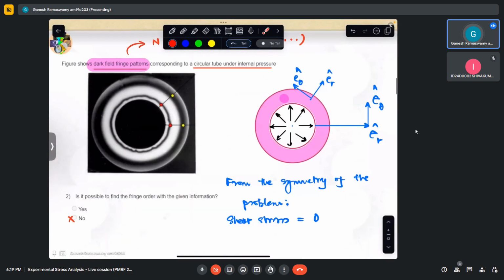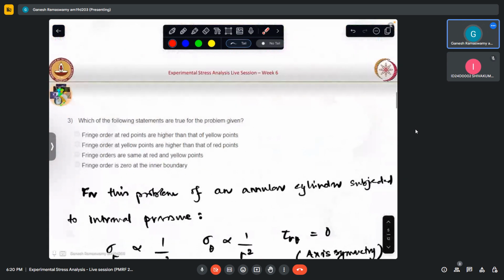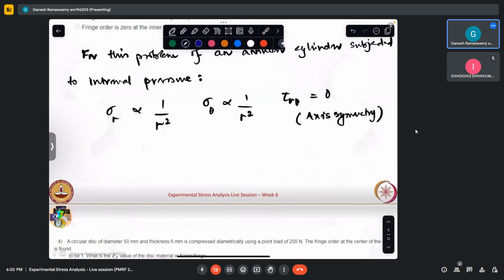So it is safe to say that for this problem, if I take this to be the origin, so this is r internal. So when I am analyzing at the surface, this will be r internal. When I am analyzing at the outer surface, this will be r external. So r has a variation like that. So at the internal surface, naturally r internal is less than r external.